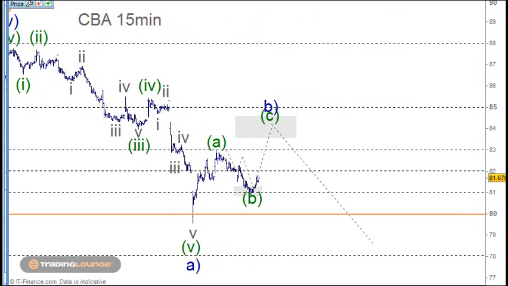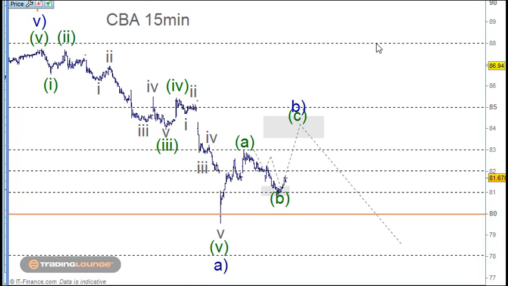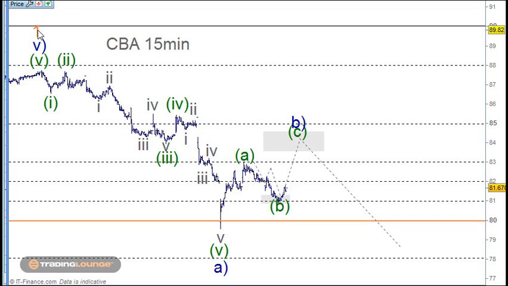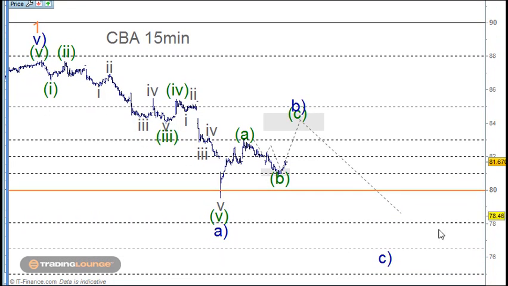So CBA on the 15-minute chart here, just really taking it from the top up there. Don't worry about that number 1, that may not be right either, but we're looking at this as another simple ABC, as an A wave here, and a B wave over here, and then a C wave down here.